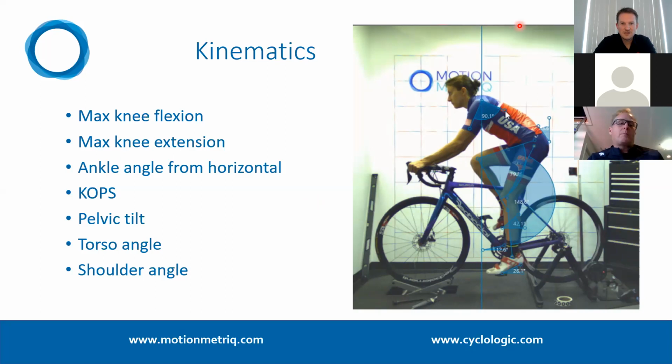Okay, what anatomical reference point do you use to measure hip flexion? Good question. So it depends what you want to get from it. What I didn't say was that once you've drawn something, it's not there forever. You can move it around. It's quite easy to do that.